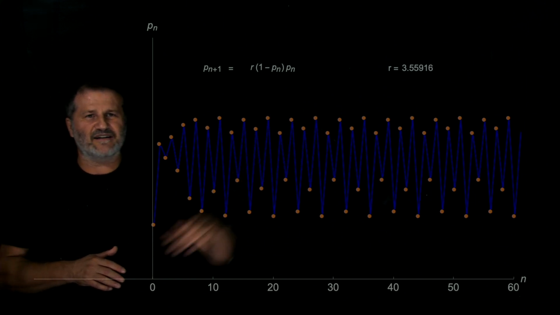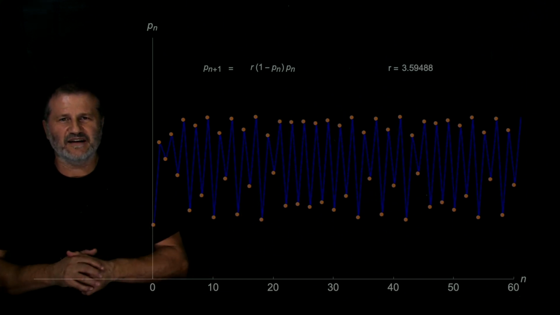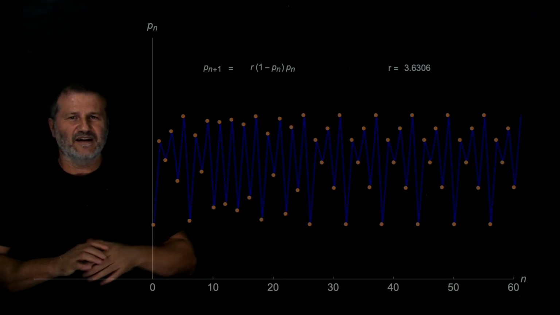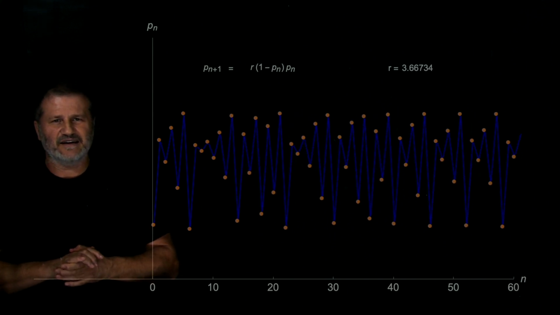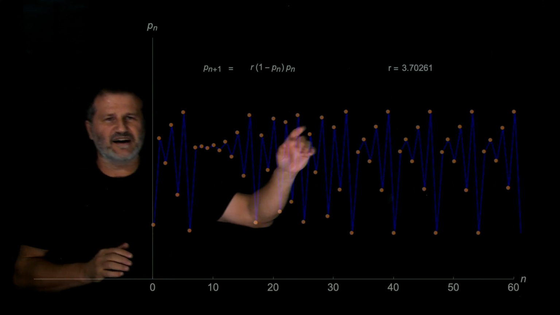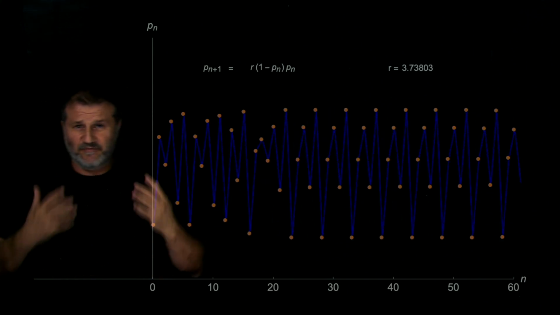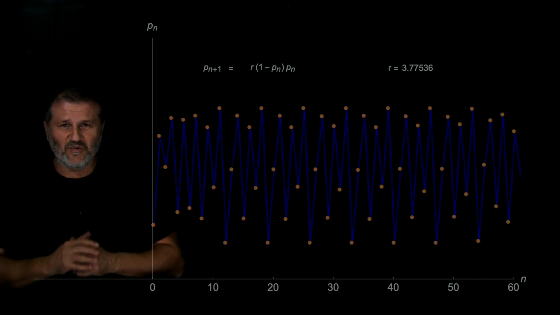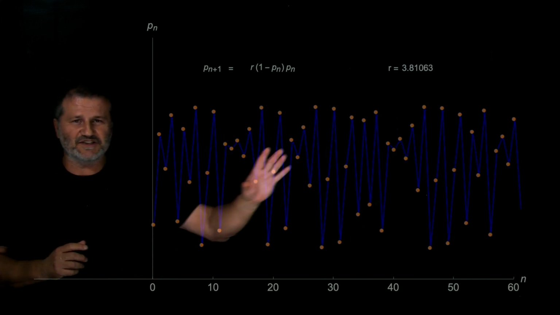As soon as r crosses a certain critical threshold, the behavior changes dramatically. As you can see here, it seems as if points are moving in a crazy way, in a chaotic way. What is going on here?